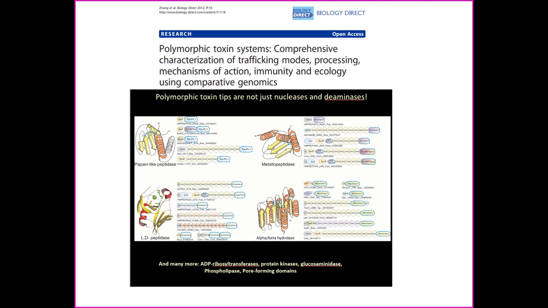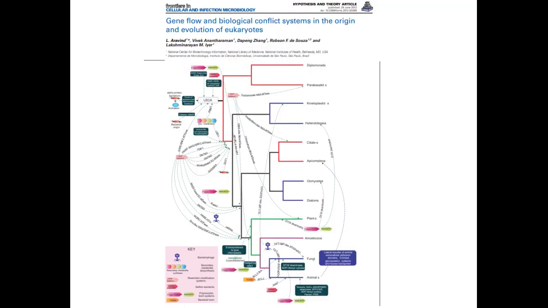But there was another important lesson which this study of the polymorphic toxins taught us. And that was when we did a systematic comparison with the toxin-antitoxin systems. And in the middle, we had also engaged in some studies on other conflict systems like secondary metabolism systems involved in the synthesis of antibiotics and siderophores and the like. And what that revealed was that there were a series of enzymes in those systems, which again had interesting crossovers to the eukaryotic side.